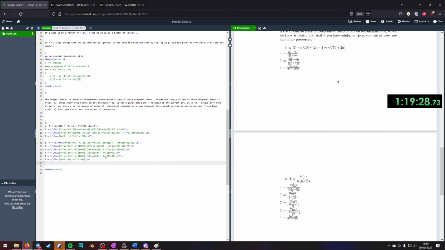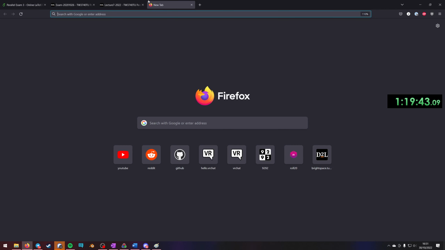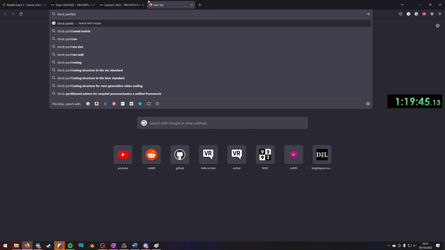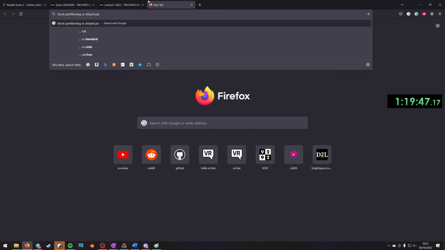Okay, I'm gonna be clear. Unless I'm missing something, performance-wise, block partitioning is never preferred. I'm gonna just look it up. Block partitioning versus striped partitioning.